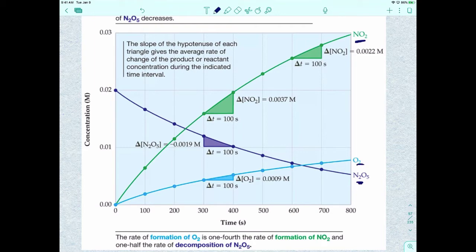All right, now since the curve for NO2 is sweeping to the right, so it's going up, we know that this slope is going to be positive.